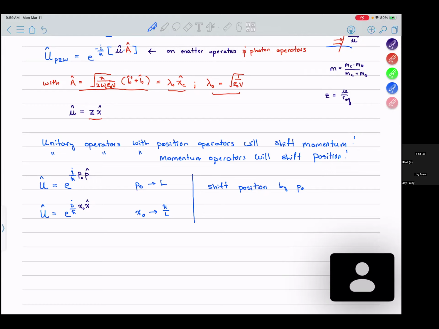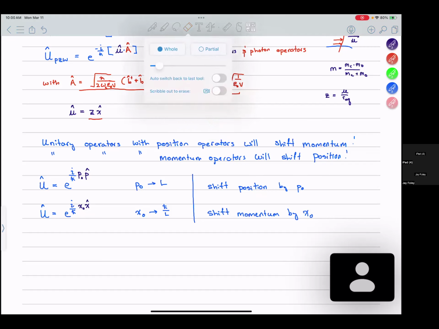All right. Now, same thing if I look at e to the i over h bar x naught x hat, that's going to shift momentum by x naught. Okay, so the thing that you might critique me on, and I'm going to take that critique because I got my thoughts kind of jumbled up here, is that p naught is a really bad label for a position shift, and x naught is a really bad label for a momentum shift. I probably should have switched these.